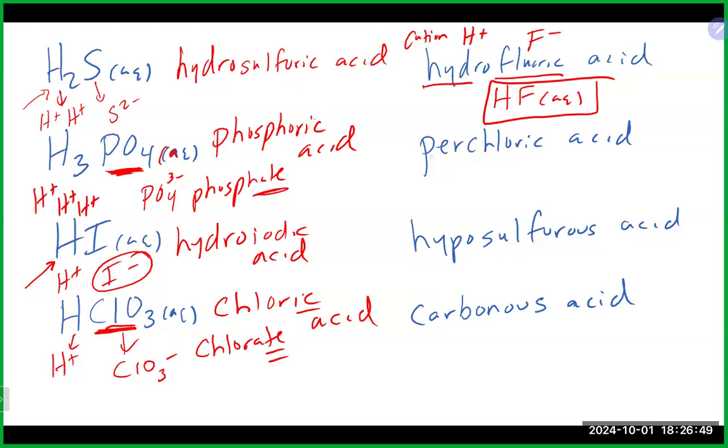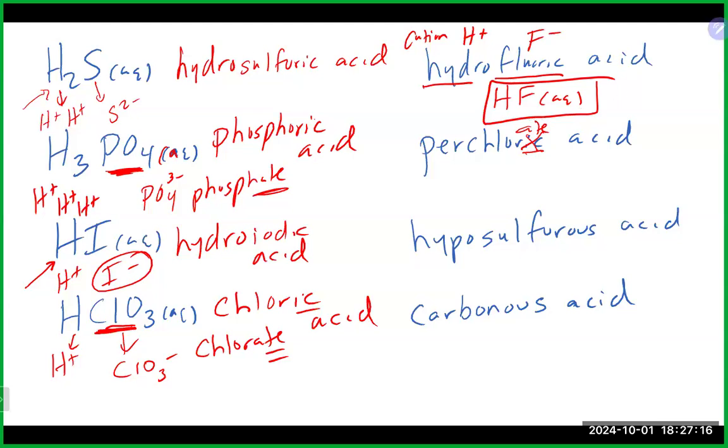Now, perchloric acid does not have hydro in it, and that means that it definitely has a polyatomic ion hiding in there. Because it's a polyatomic ion, the easy way to figure out which one it is, if you're not sure, is that it ends in ic, which means the polyatomic ion ends in ate. So if you cross that out and put ate in there, that looks like perchlorate.